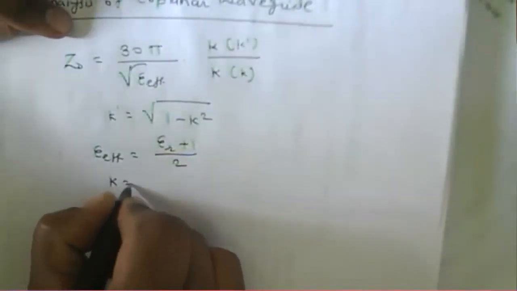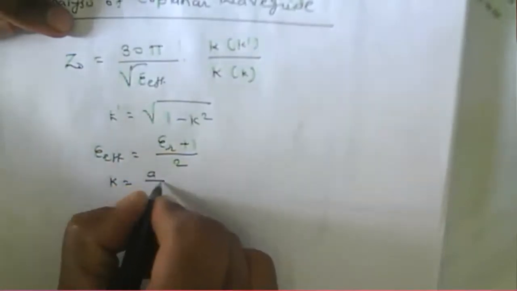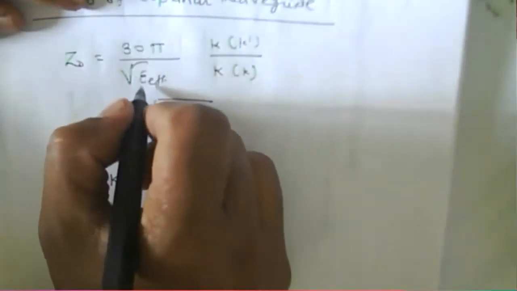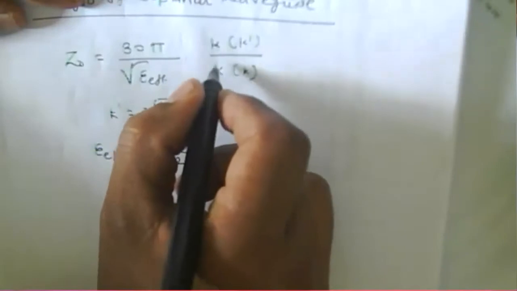We can calculate epsilon effective using the epsilon r value, and k can be calculated, where the small k depends on a and b, that is, the substrate height and thickness.